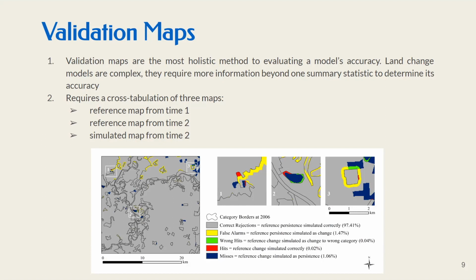These include a reference map from time 1, a reference map from time 2, and a simulated map from time 2. In the figure below from Varga et al., a cross-classification of the reference, simulated, and actual map are used to produce a validation output that reveals where the model generated hits, misses, false alarms, wrong hits, and correct rejections, allowing the land change modeler to validate the output of the land change simulation.